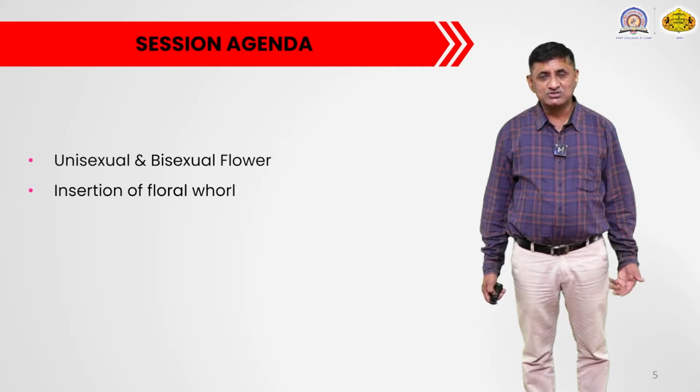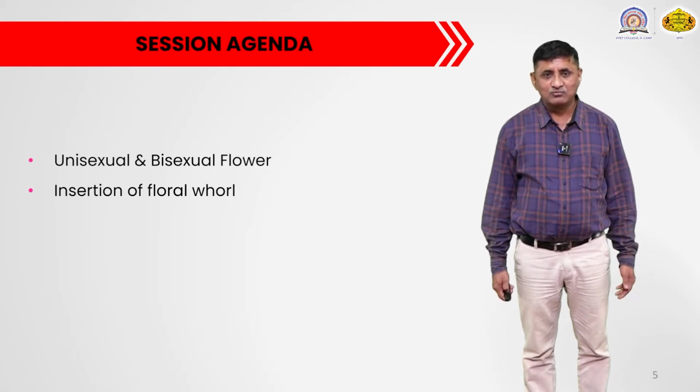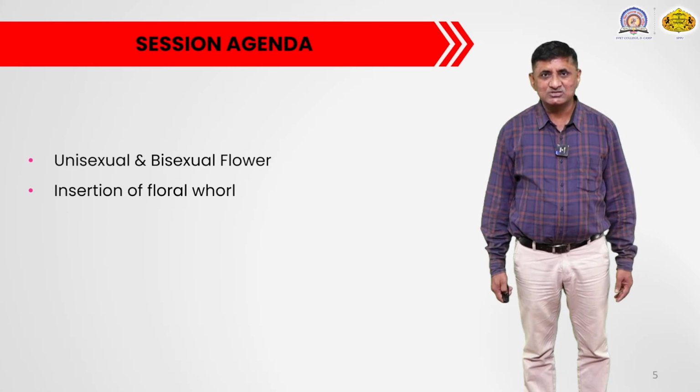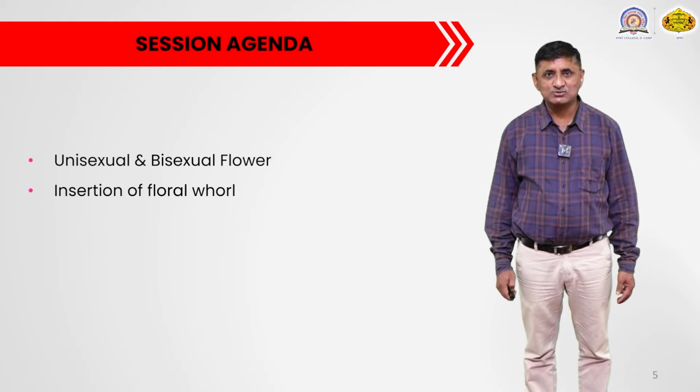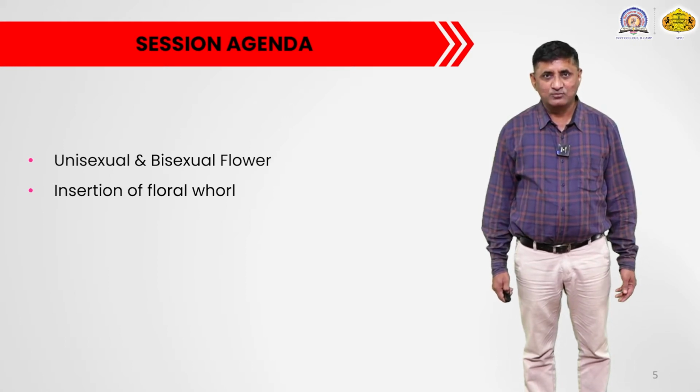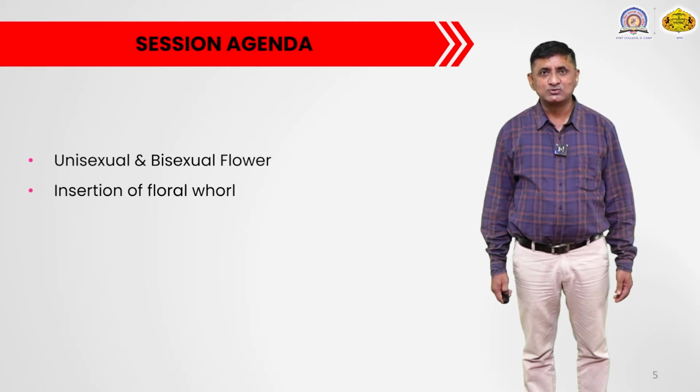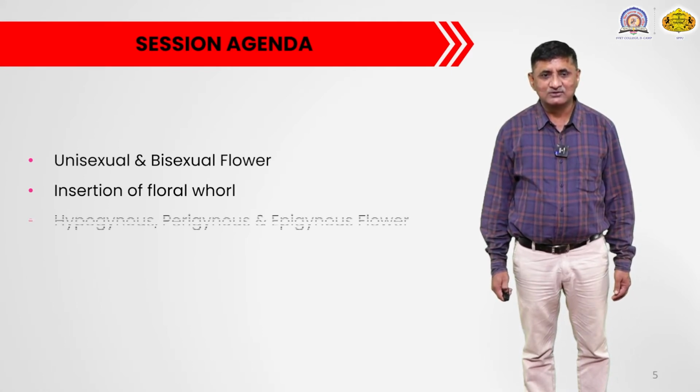We also want to learn in what way the insertion of floral parts is taken on the surface of thalamus. That also has some meaning for the categorization of a flower.